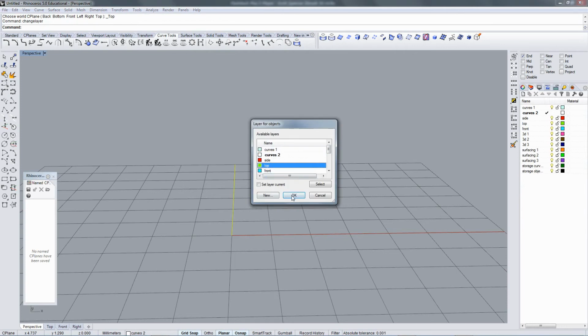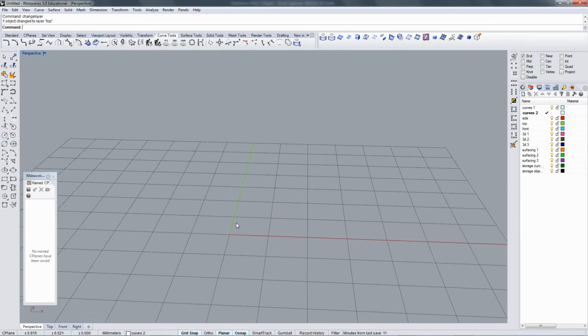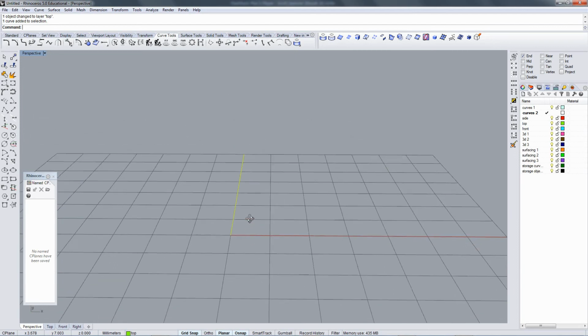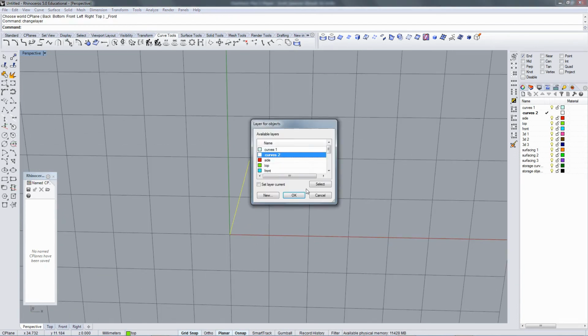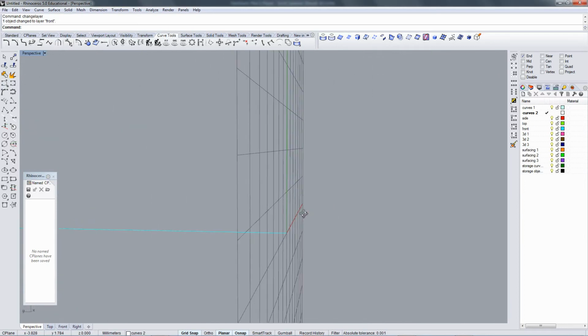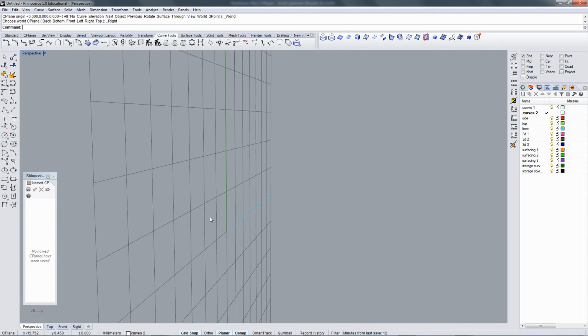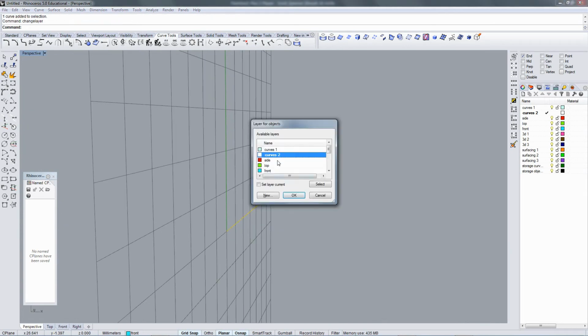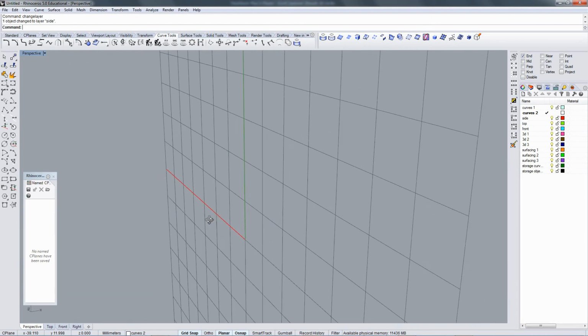So, for top C-plane, it's Y, which is always represented in green. Front C-plane, it's Z, which is blue. Right C-plane, it's X, which is red.